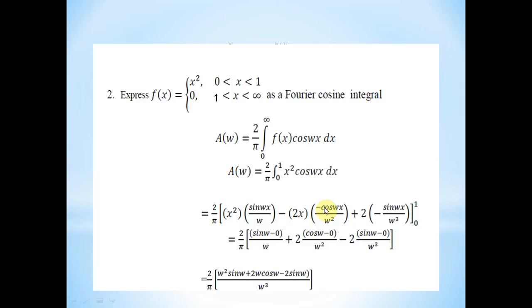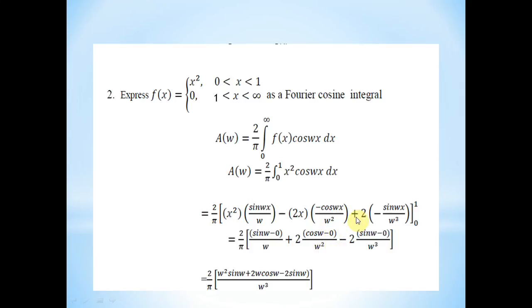Now both the negative signs make this a positive sign. So we have plus 2 into the upper limit 1, so 1 into cos omega into 1, so it is cos omega, minus 0 into cos 0, which is 0. So we have cos omega minus 0 divided by omega square.